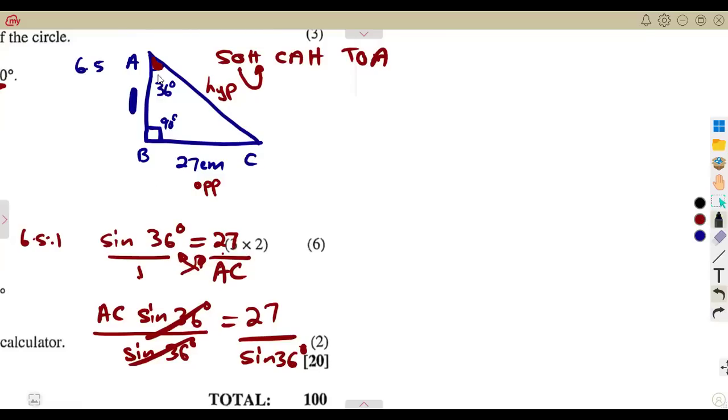According to the angle that we are given, this part of AB is the adjacent. So where do we have adjacent and opposite at the same time? Tan. So we can calculate AB from there.